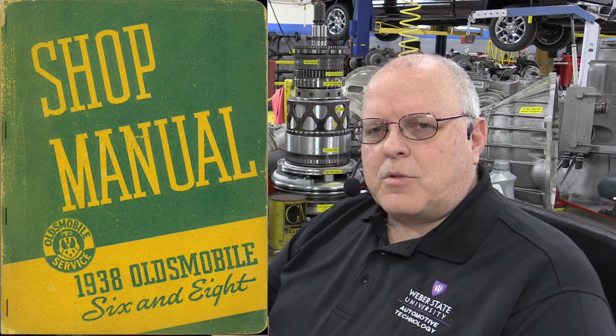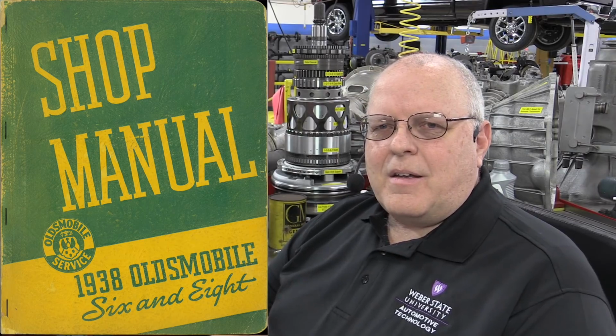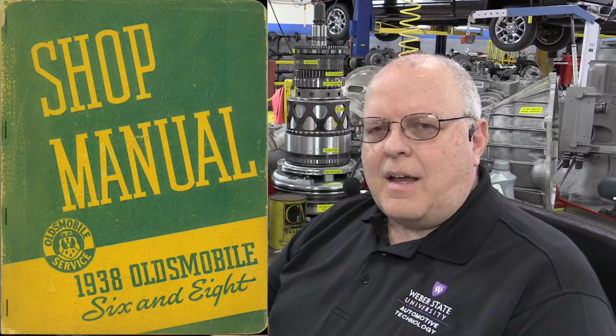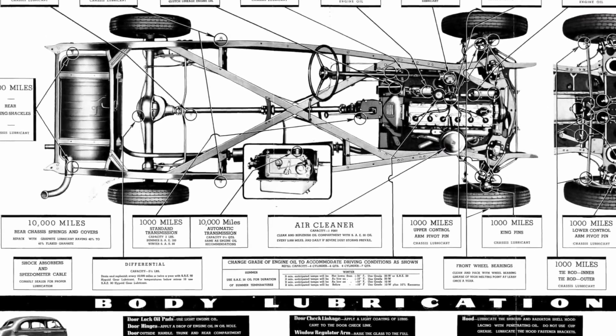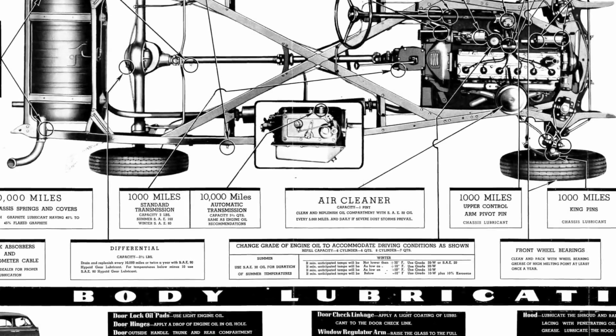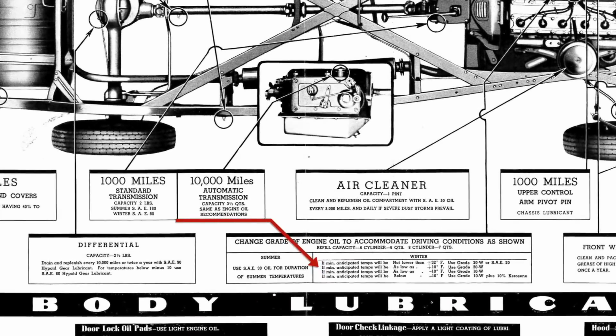And if you look at the actual service information from a service manual I purchased online for a 1938 Oldsmobile 6 and 8, notice down here on this lubrication table that it shows that the automatic safety transmission uses the same oil as the engine oil.